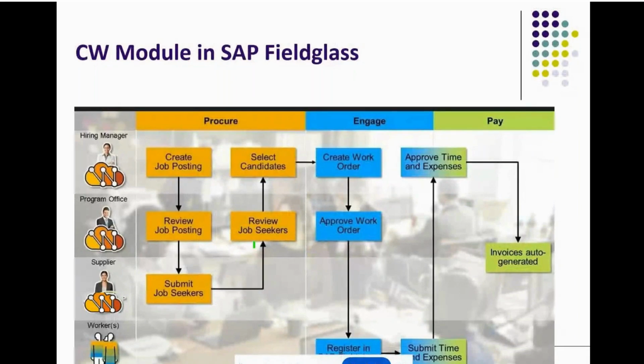Even Ariba was a very old solution, since 1998, but once SAP took it over, a lot of changes were made in SAP Ariba. SAP Fieldglass has very seamless connectivity with the SAP ERP solutions, and the ERP leader is SAP only, right? So there is a huge scope for SAP Fieldglass to grow in the future.